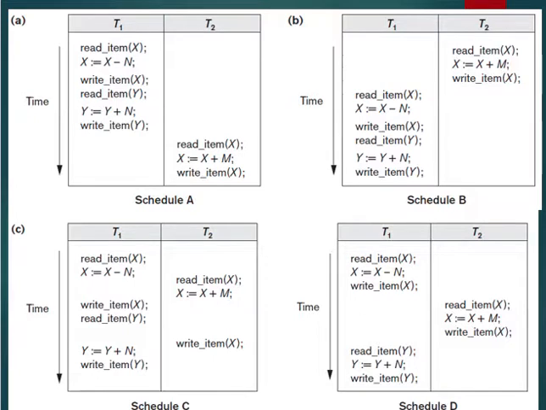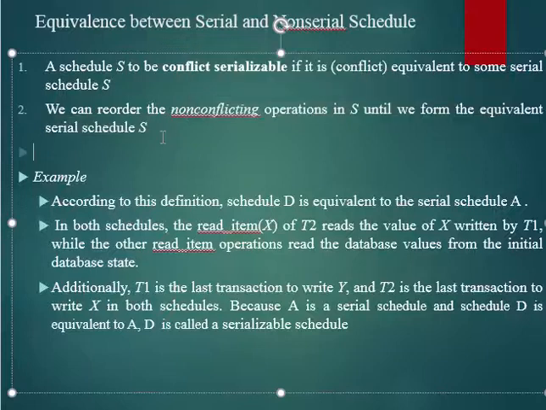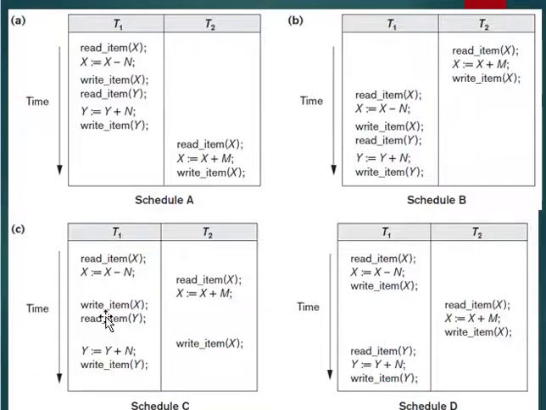And here you saw one more point, that we can reorder the non-conflicting operations. So try to reorder schedule C and try to match it to either A or B. Is it possible to reorder? You can see it could only match schedule A, if write in T1 is followed by read of X in T2.